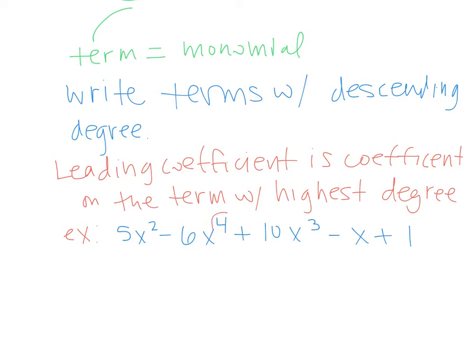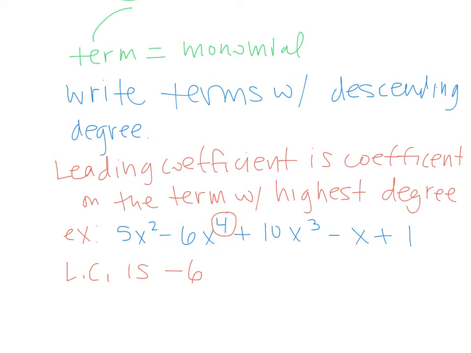The highest degree is 4. So the leading coefficient, I'll abbreviate here, is -6. This polynomial is not written in descending degree, so to answer that question, we want to pick out the term with the highest degree, not necessarily the first one.